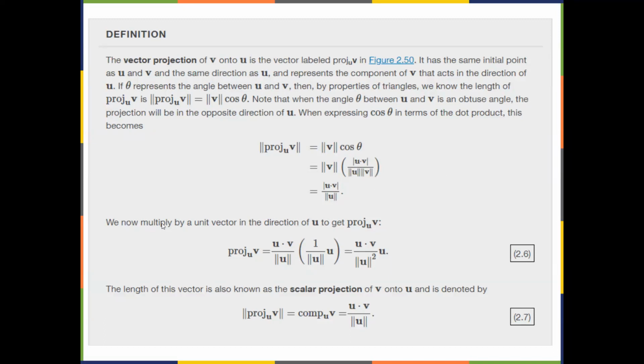So we now multiply by a unit vector in the direction of u to get the projection of v based on u. And then the length of this vector is also known as a scalar projection. So you have two nice formulas that you'll be working with, I'm sure, on your homework and later on our review and then our exam.